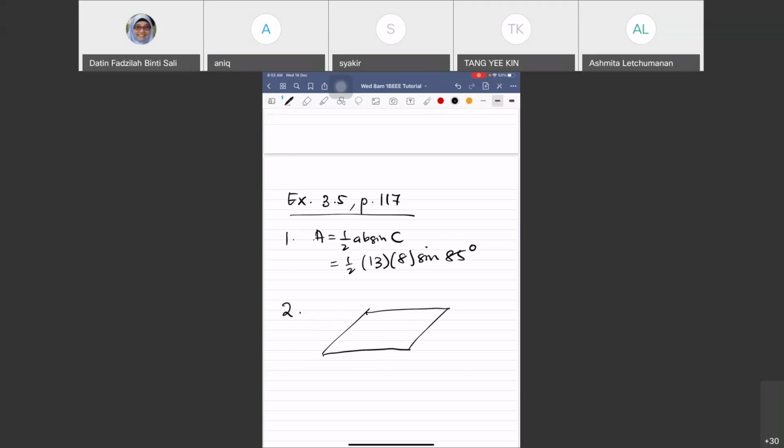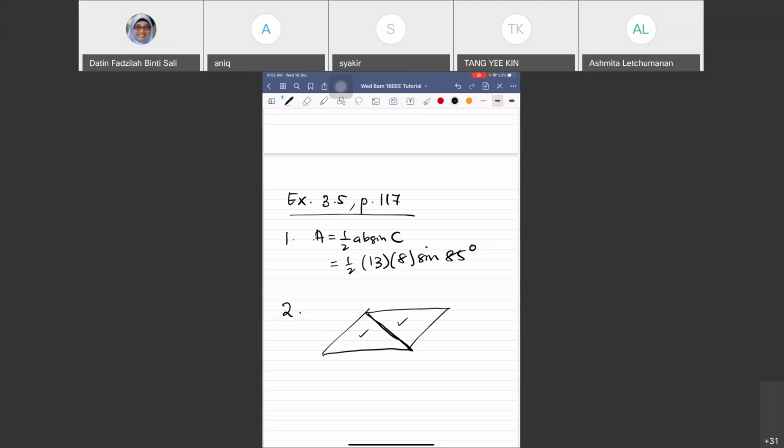If I divide it by half like this, sorry, I cannot draw a straight line, that means this triangle and this triangle are congruent, sebentuk, the same. Both triangles are the same. This is what it means.